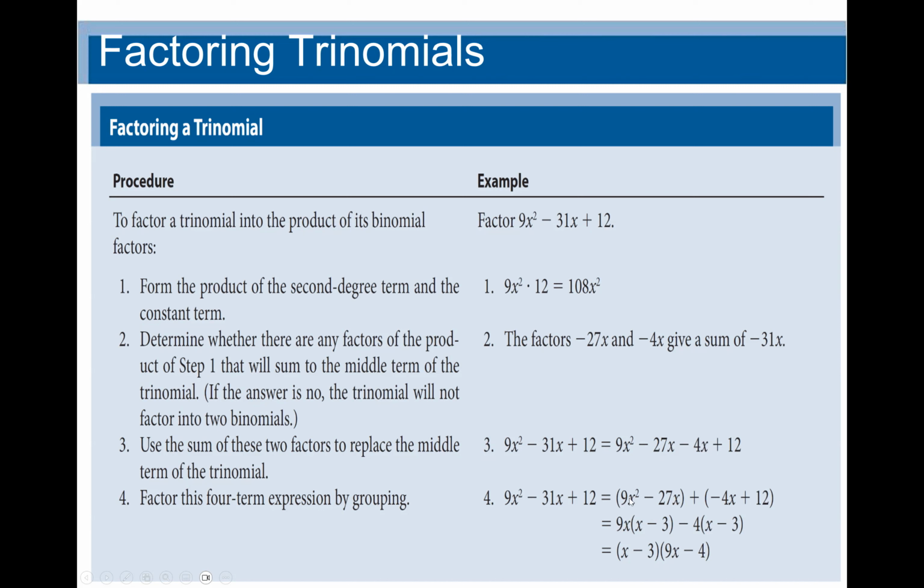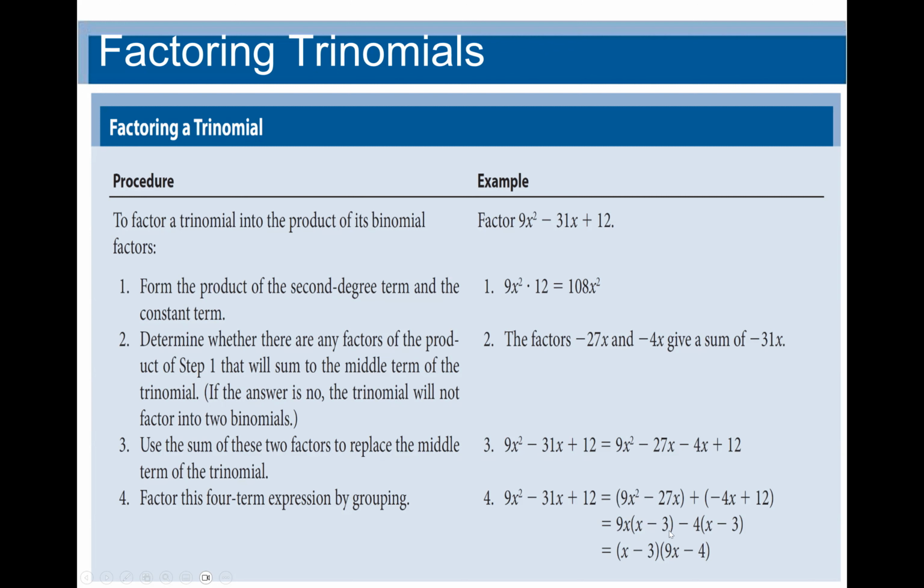So we know 9 is common. x also is common, and 9 and 27 share a factor of 9. So 9x is common. We have x minus 3, because 9x times x will give us 9x squared, and the same thing, 27 divided by 9 will give us 3, and it's negative.